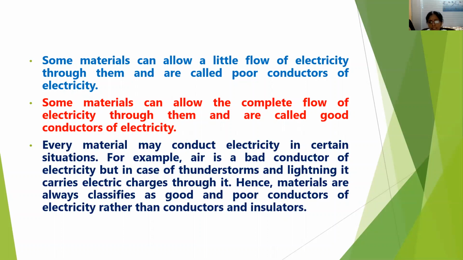For example, air is a bad conductor of electricity, but during lightning or during a thunderstorm, air carries electric charges through it. Hence, materials are always classified as good conductors or poor conductors of electricity, rather than conductors and insulators.